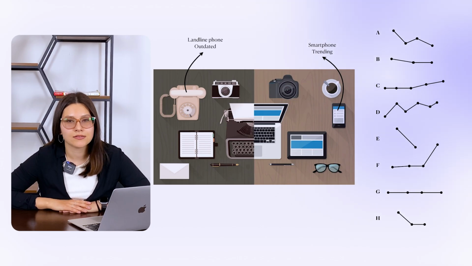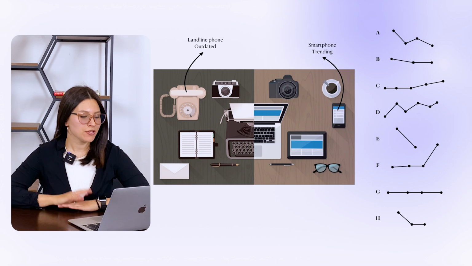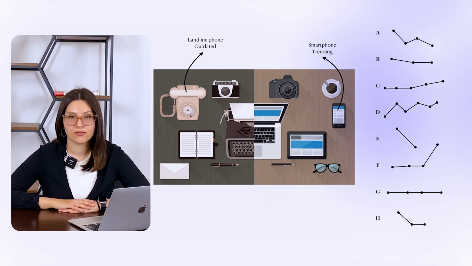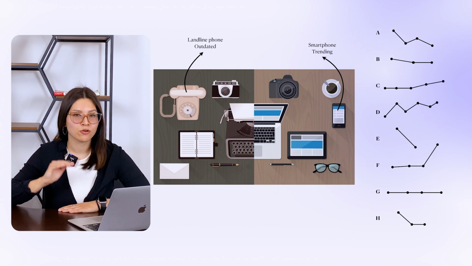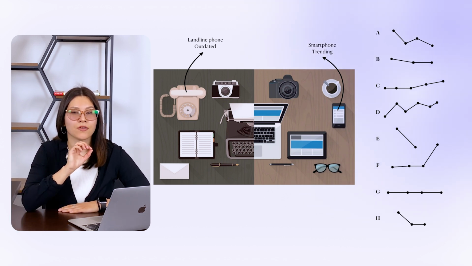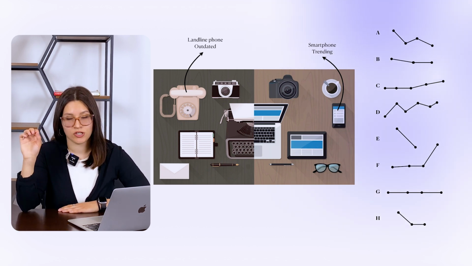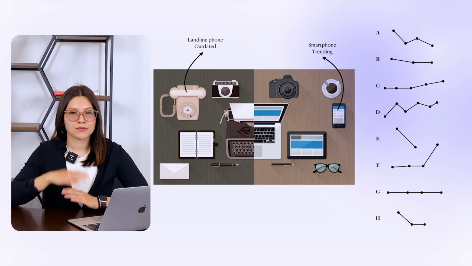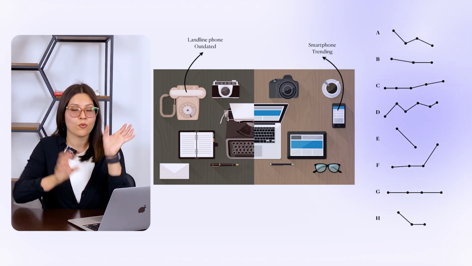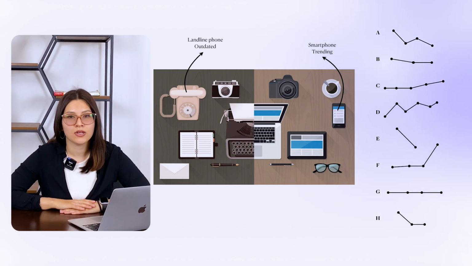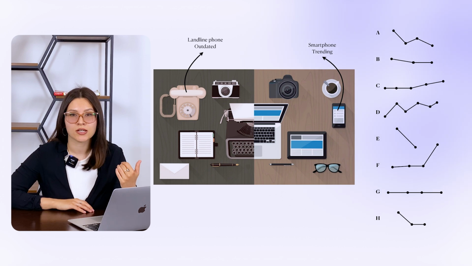All right, let's take an example. There's a picture you can see. So now we know that there are different types of lines and they have different trends, upward, downward, or they're going to be even or not changing. Here's the picture. It's being divided into two parts. One part shows you the past of technology, some outdated devices.